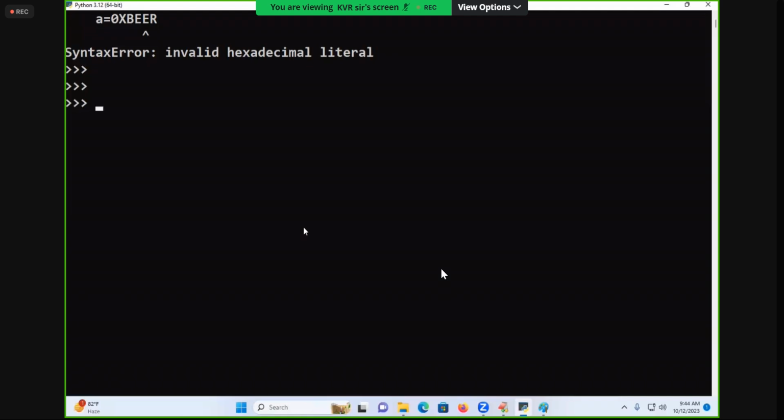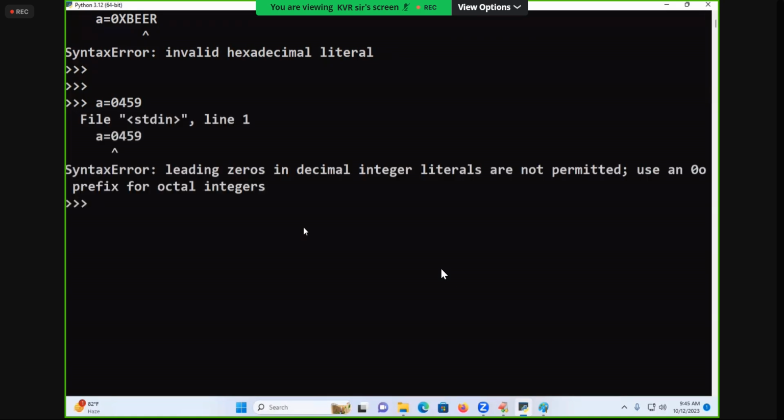Direct. A is equal to 0459. Which data is it? Integer. Both of you are wrong. Because why are they saying integer?